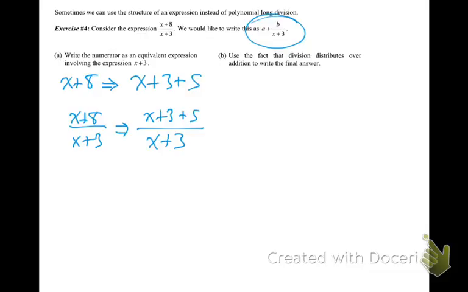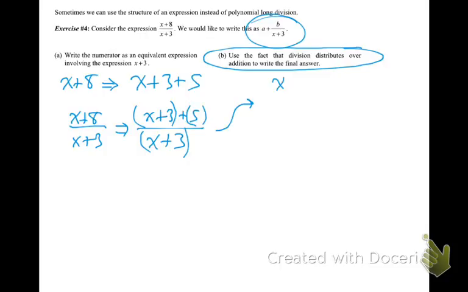Okay. Using the fact that division distributes over addition, we can write our final answer, because we can group this x plus 3 together and the 5 by itself, and we can rewrite this as x plus 3 over x plus 3, plus 5 over x plus 3, just like we did when we were using the quadratic formula.